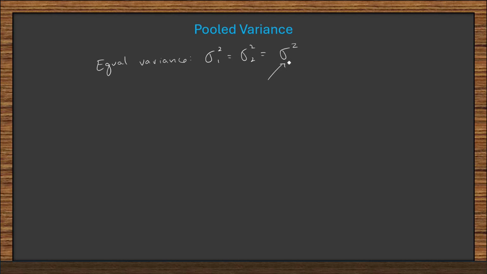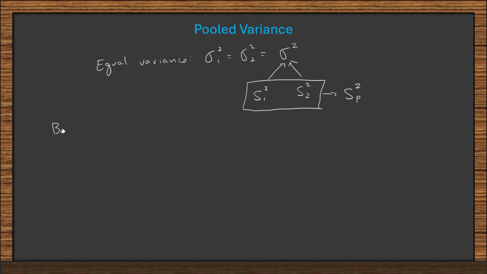But we actually have 2 estimates of this one number: a variance for the first group and a variance for the second. So what we're going to do is essentially pool these 2 estimates into one number, and that's what we're calling the pooled variance. Now, there are 2 different ways you can compute this pooled variance depending on the type of design you have.